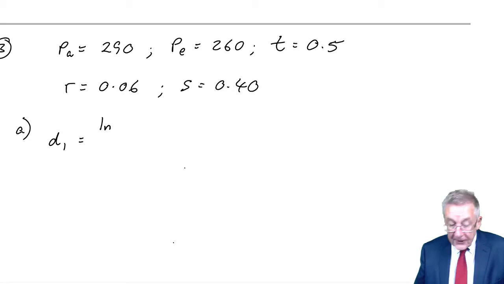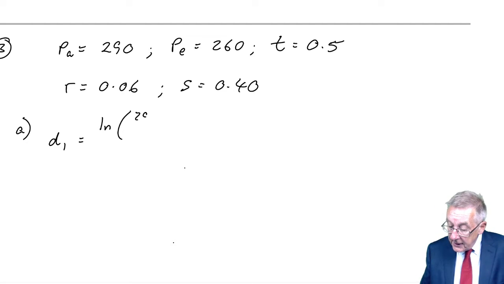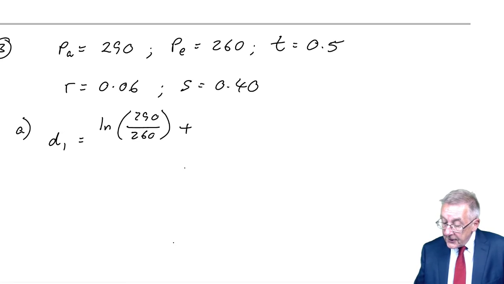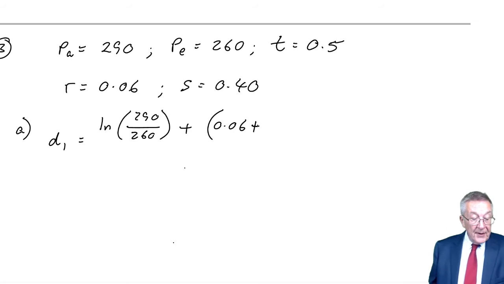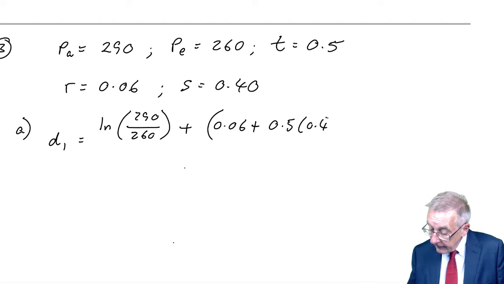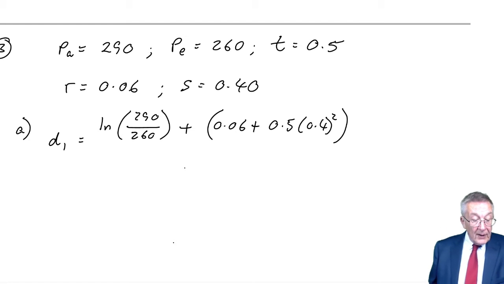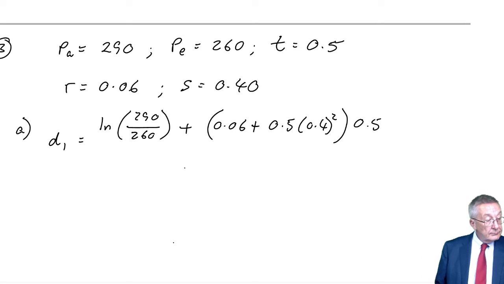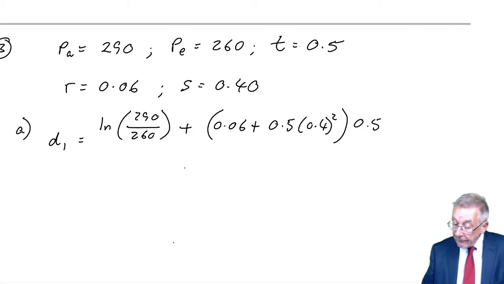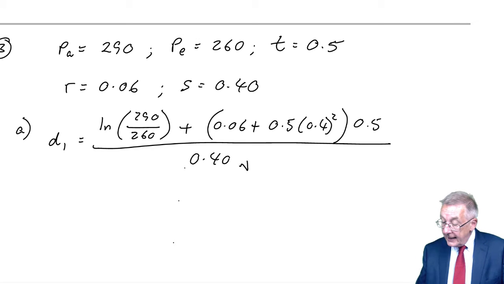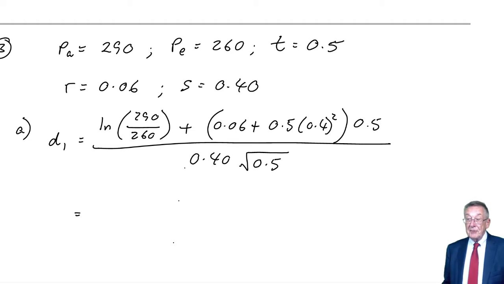It's ln, log to the base E, of PA 290 over PE 260, plus R 0.06 plus 0.5 times S squared times T 0.5, divided by S 0.4 times the square root of T, the square root of 0.5. So far no problem.